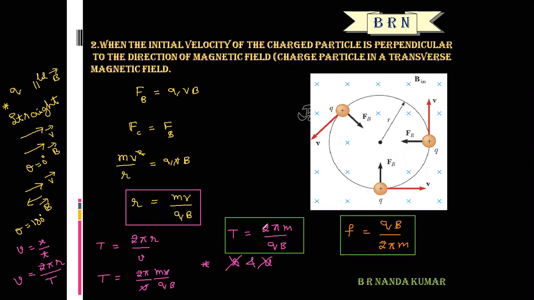So the time period of a charged particle does not depend on the radius of the circular orbit and the speed of the charged particle. Even the frequency also does not depend on the radius and the speed.